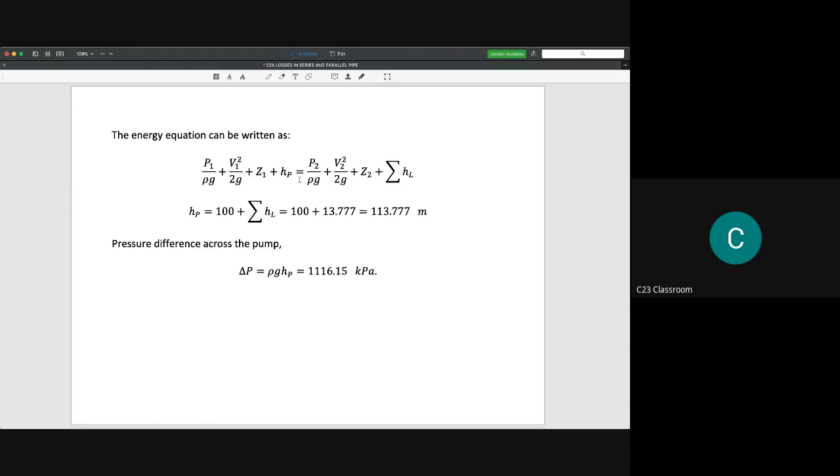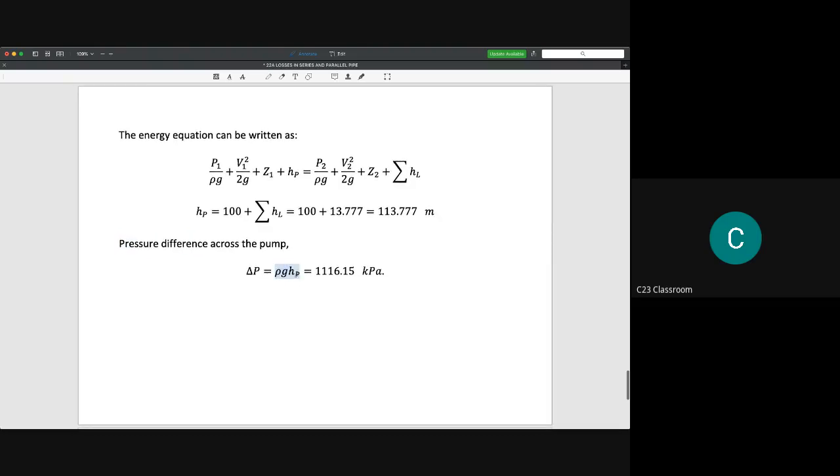So we have the 100 meters plus losses here, which will be equal to the head of pump, and it is equal to 113.777 meters.